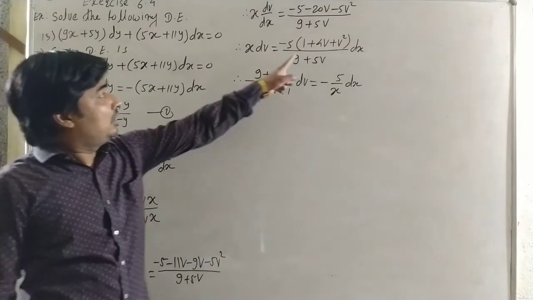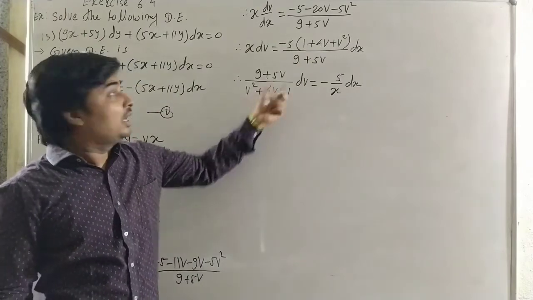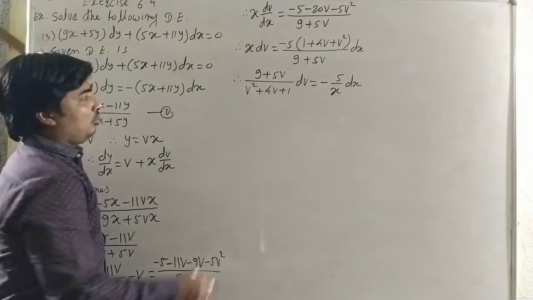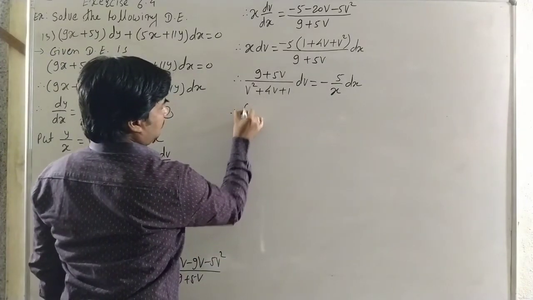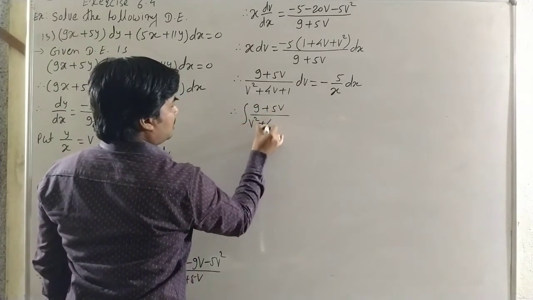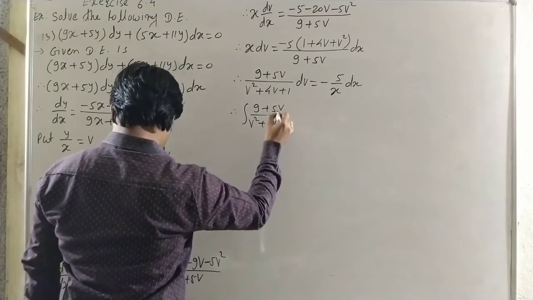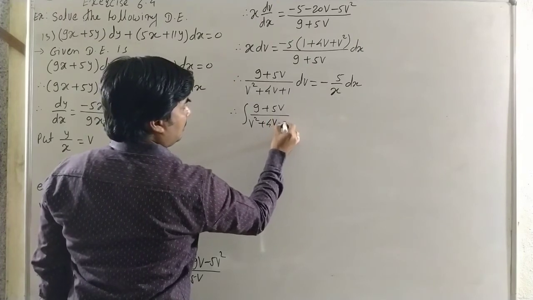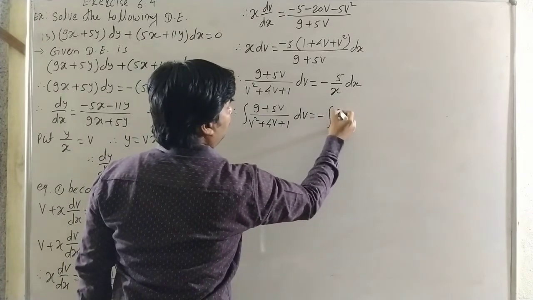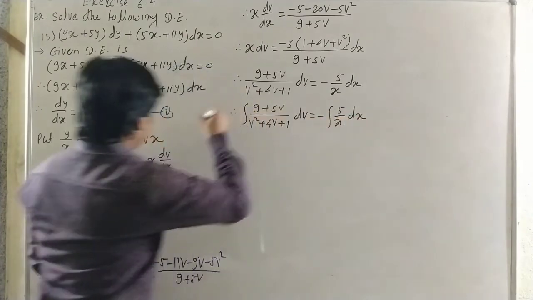Now the variables are separated, taking integral on both sides: integral of (9 + 5v) upon (v square + 4v + 1) dv is equal to minus integral of 5 upon x dx.